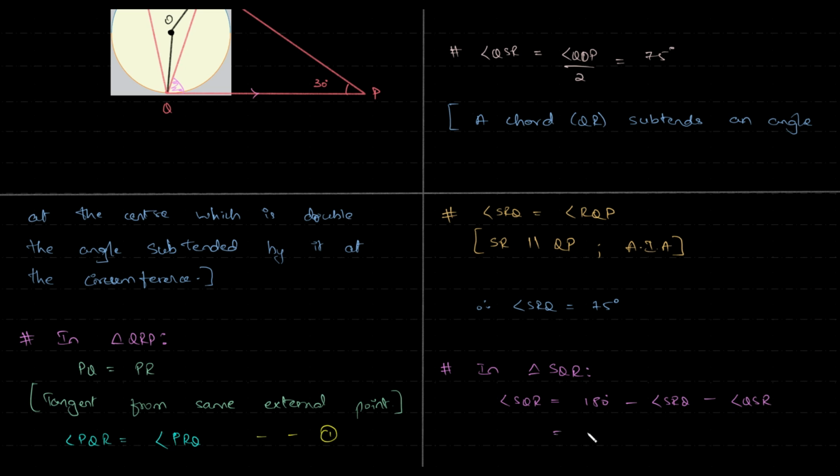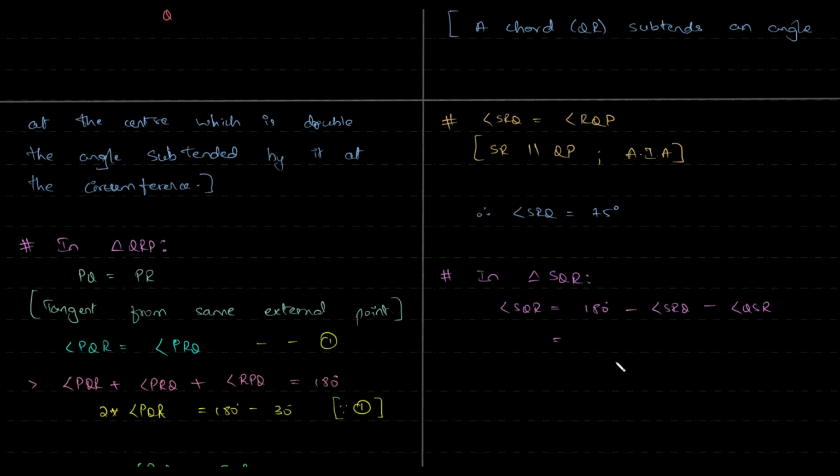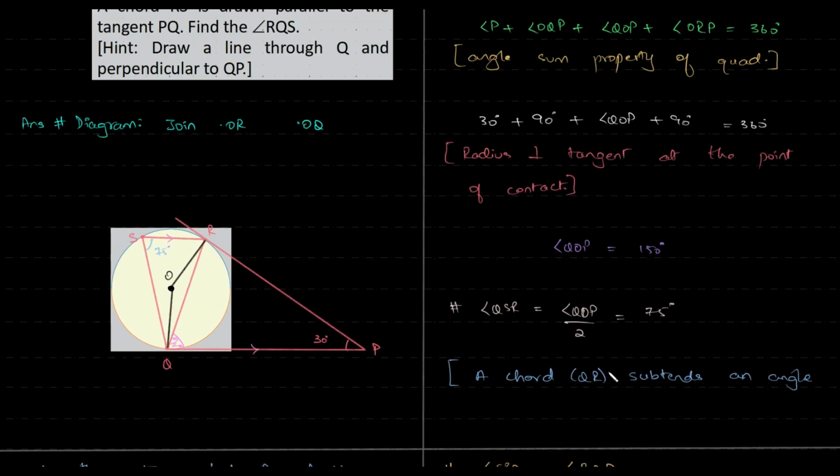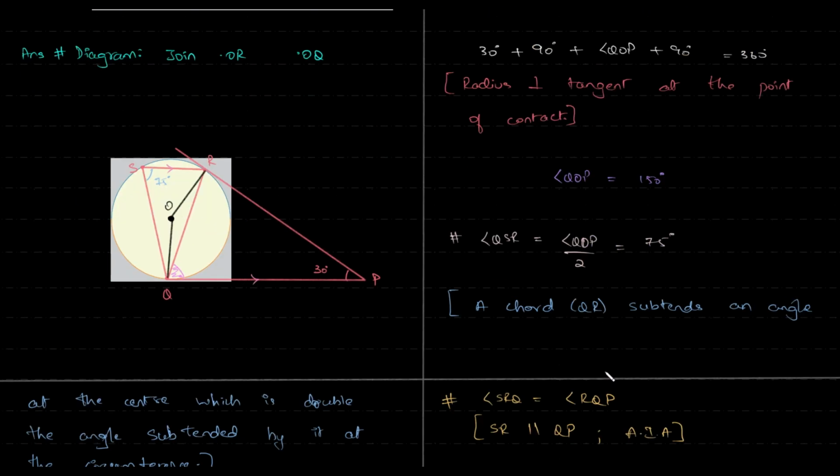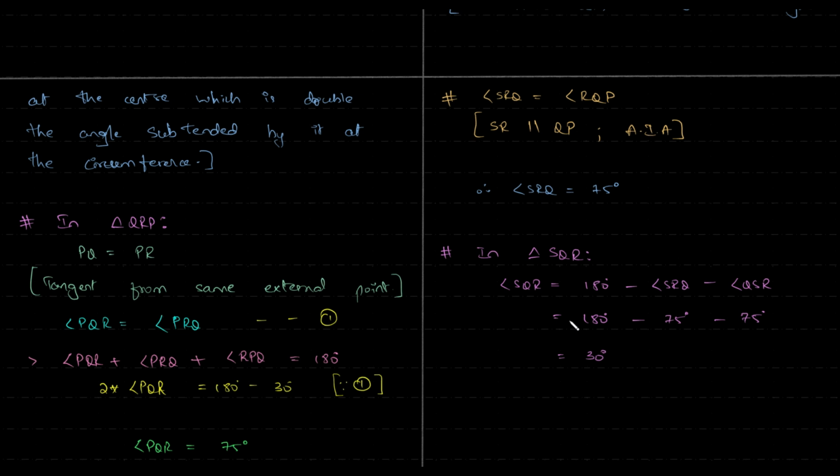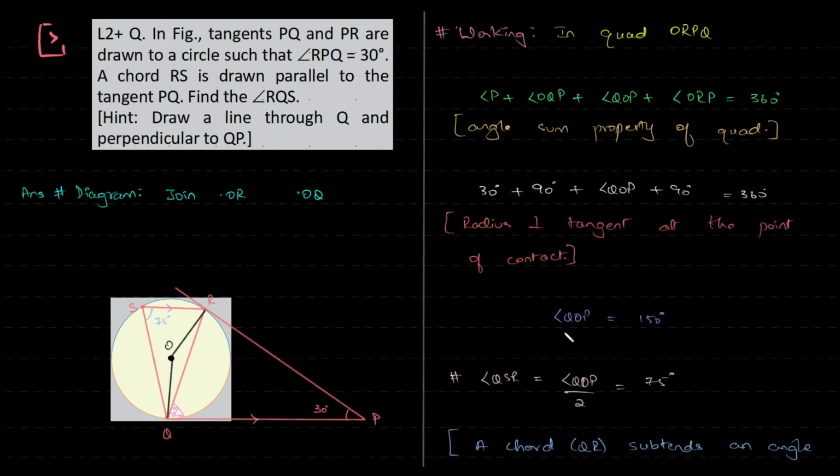So this is 180 minus 75 minus 75. So this is 30 degrees. That's it. And we have the answer. RQS only. Yeah, that's correct.